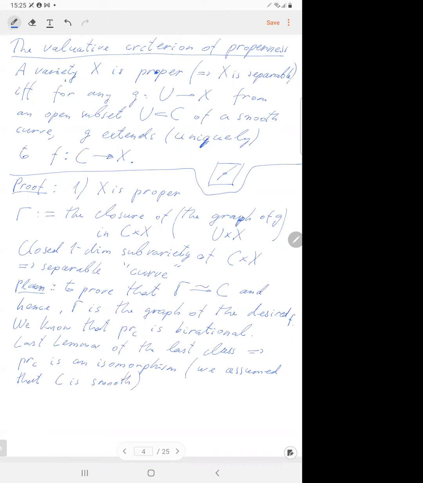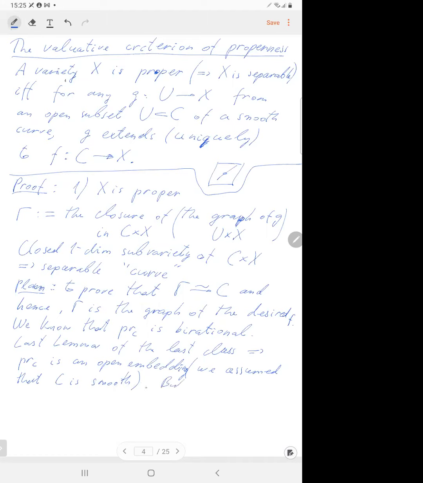Sorry, not quite an isomorphism. Maybe I should say it's an open embedding. If you recall the statement of this lemma, any birational morphism from any curve to a smooth curve is necessarily an open embedding.